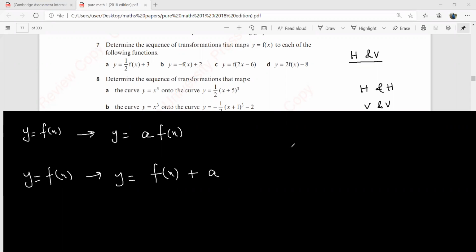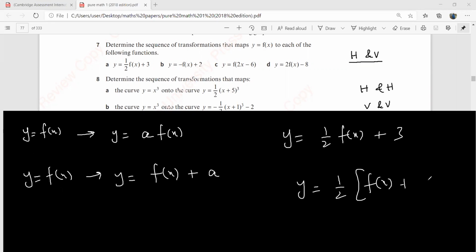So what do you think goes first, the vertical stretch or the vertical translation? Okay, there are two things. Let me write it two ways. This is y equals half f of x plus 3, and then there could also be half into f of x plus 3.